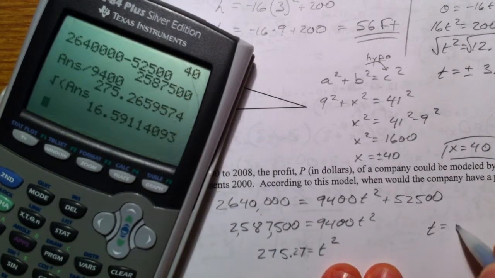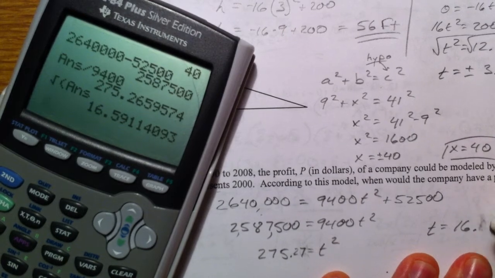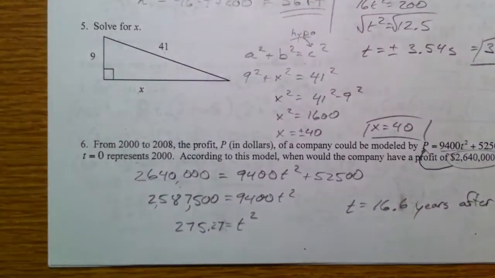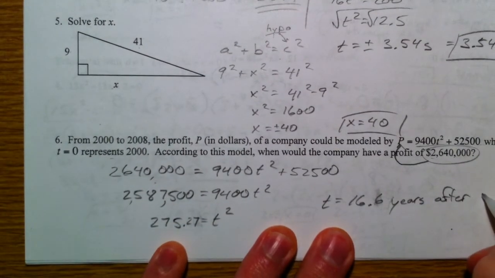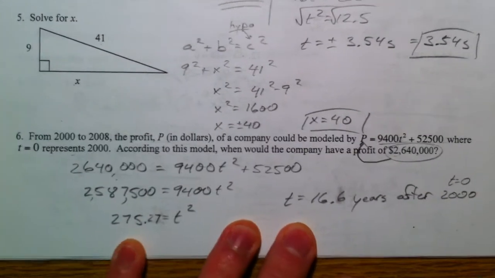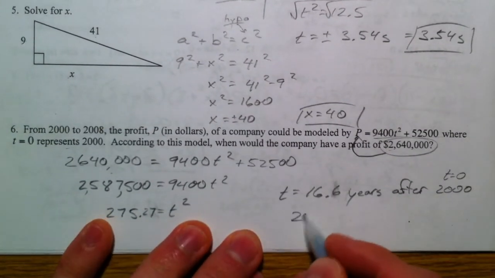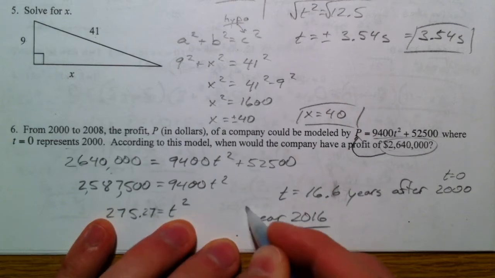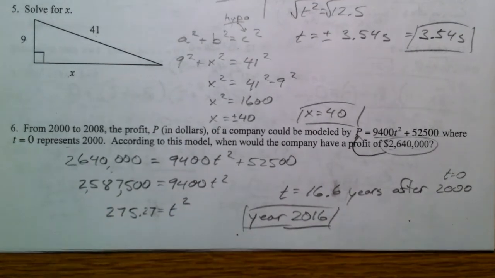So we get t equals 16.59, or let's just say 16.6 years after when we started this. And so what we're talking about is 2000, t equals 0. And so really it's in the year 2016 that we'll have that profit.